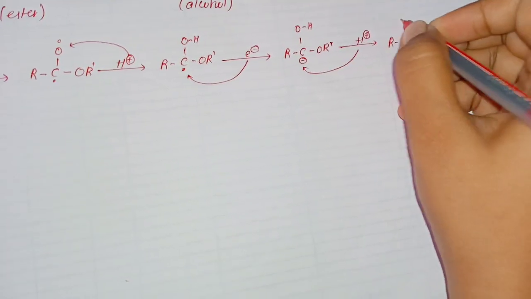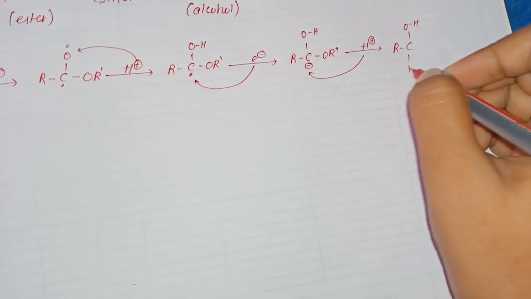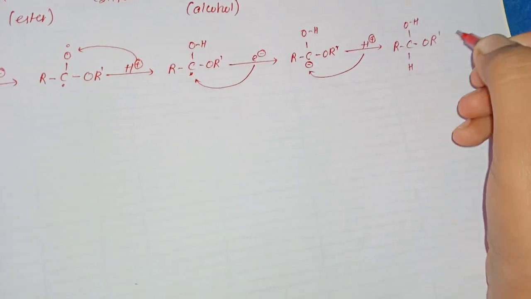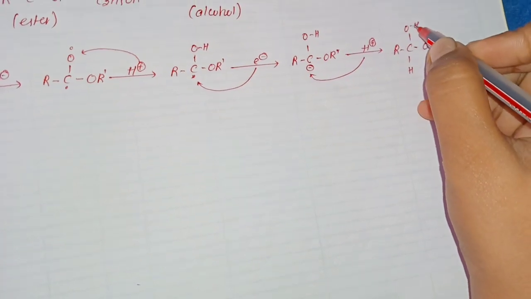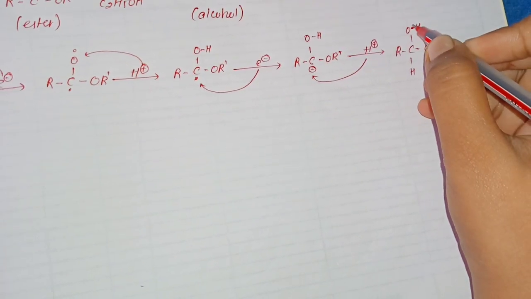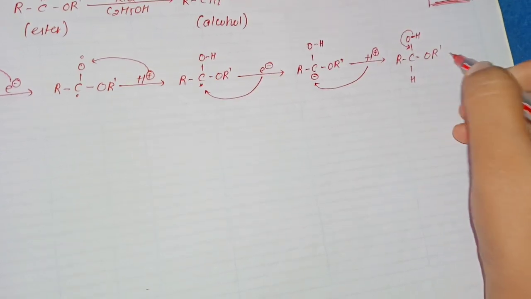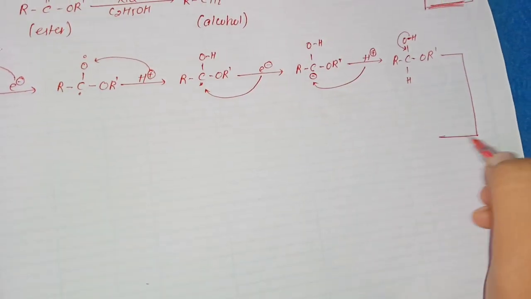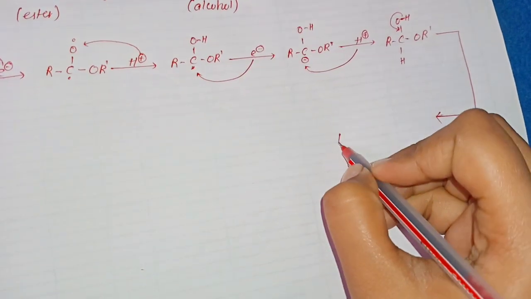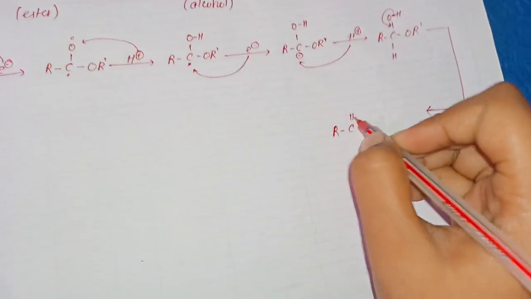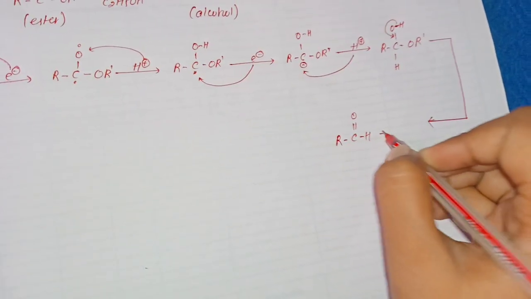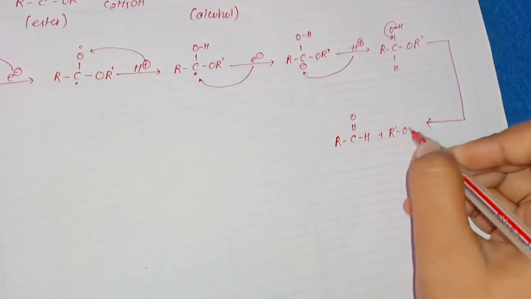Here the bond between carbon and hydrogen breaks and it attaches here. Here we get R–C(=O)–H plus R'–OH.